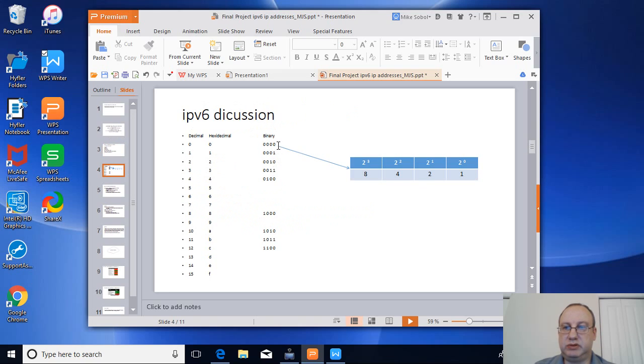Here are some examples of IPv6 addresses. Here's the decimal, here's the hexadecimal, and here's the binary.